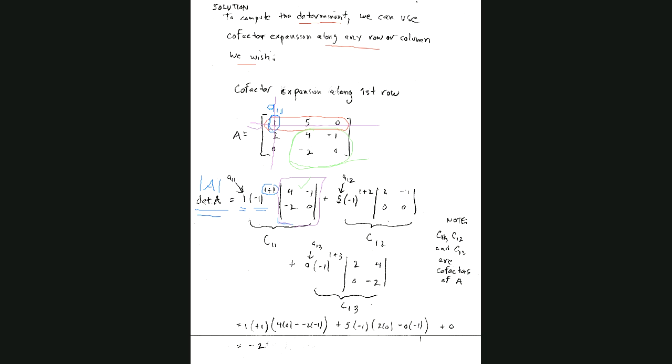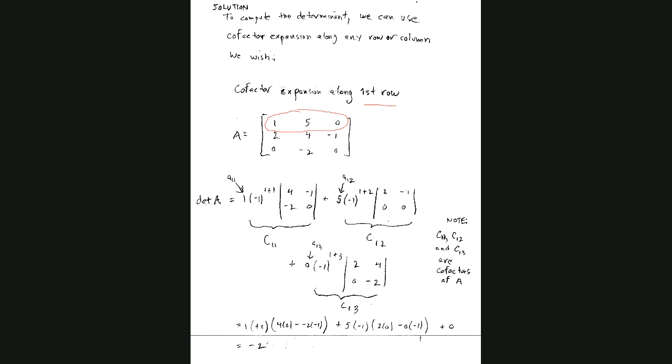All right. Now what we have to do is go to the 5. So let me just clear the writing there. Now, hold on here. Let me circle the first row, 1, 5, 0, because I'm expanding along the first row.